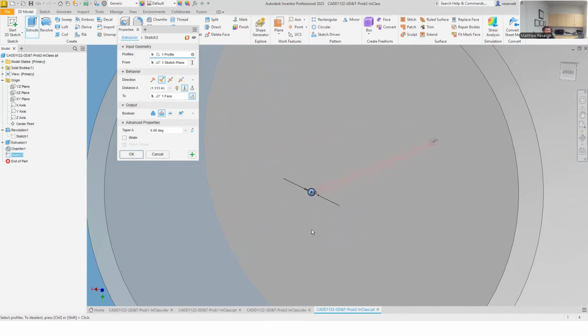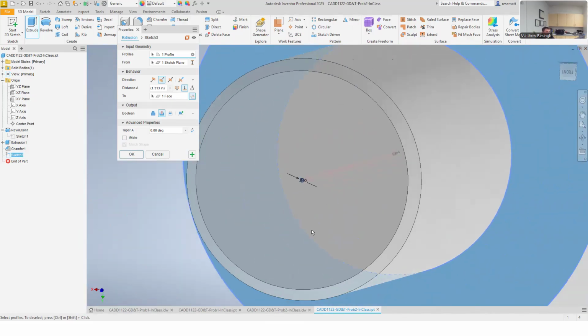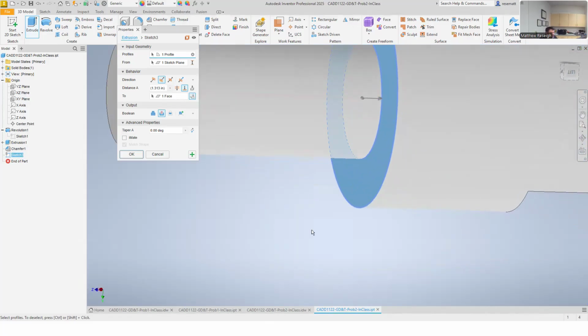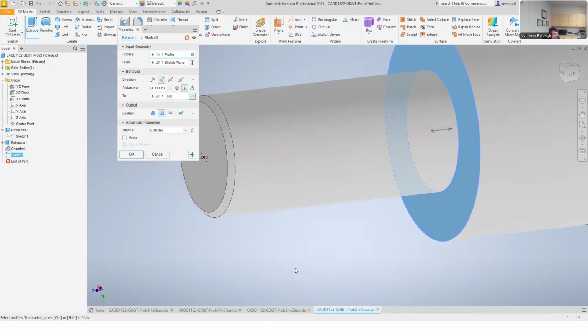If I had no diameter symbol in front of my perpendicularity tolerance, I would be expressing a zone between two planes that far apart. But that's not what I'm doing here. I think this is definitely the better GD&T to control this, through its axis and the perpendicularity of its axis to this particular surface datum. So let me go back and fix that one.